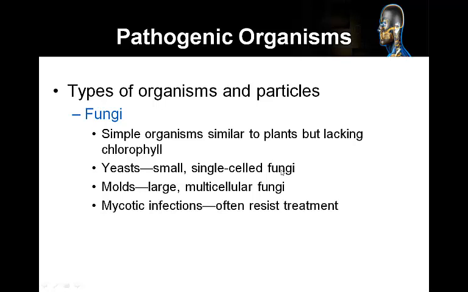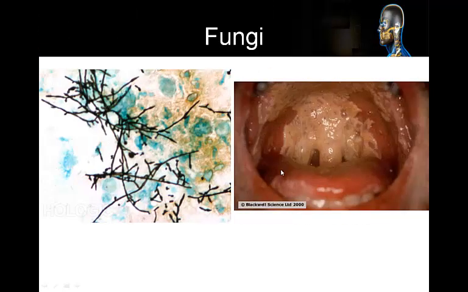There are fungal infections that occur inside the lungs, and there's a fungal type of pneumonia. Here's a picture of a Candida infection, and specifically we're looking at something called thrush, which is in the mouth. You can see this cheesy color on the posterior section of the oral cavity. That is the oral candidiasis infection known as thrush.